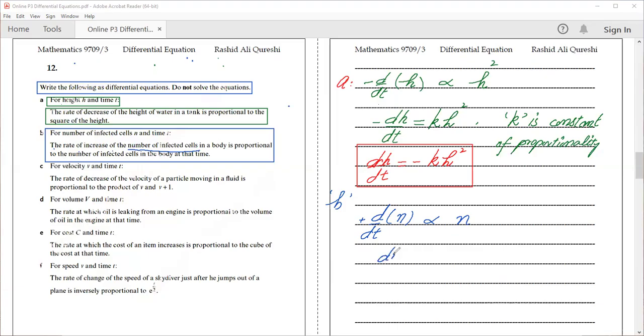So I have dn by dt is equal to k times n. So you have to mention what is k. K is the constant of proportionality.